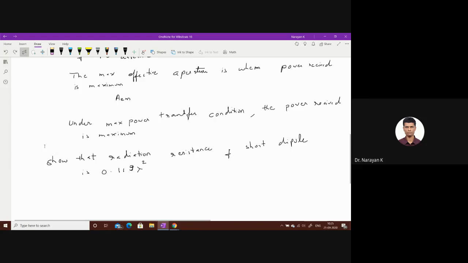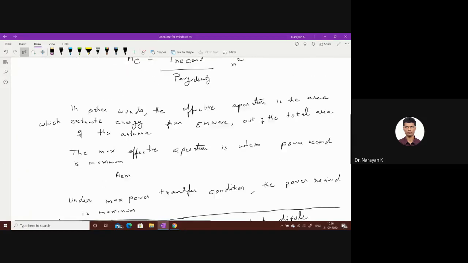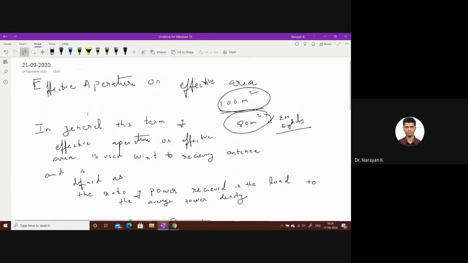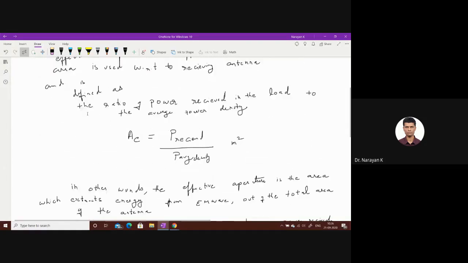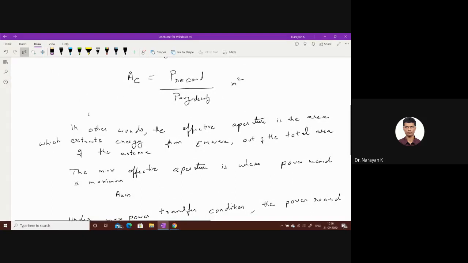This is a VTU question, and it is very important. Show that the radiation resistance of a short dipole is 0.0119 lambda square. This is a derivation which starts from here. Whatever you want to see, you can see now. I'll be starting this derivation.